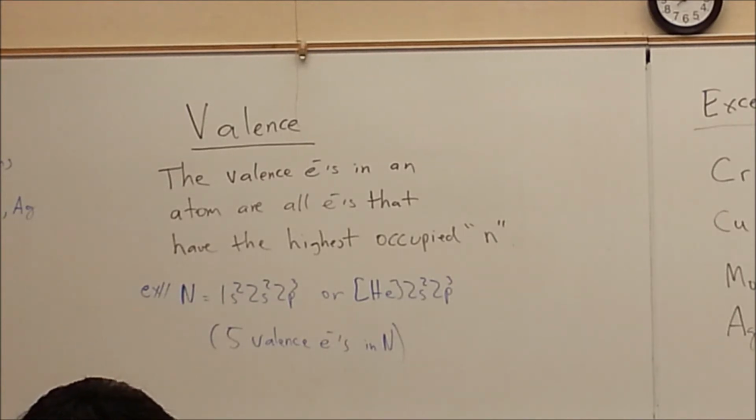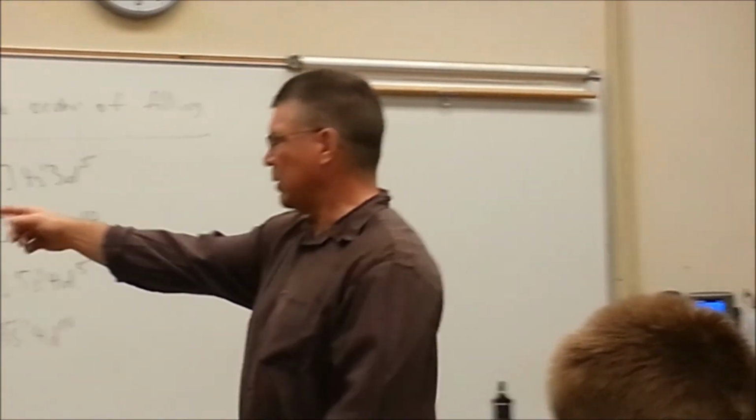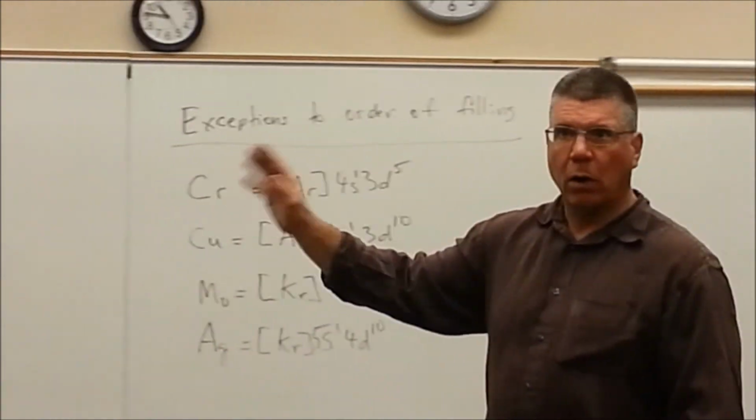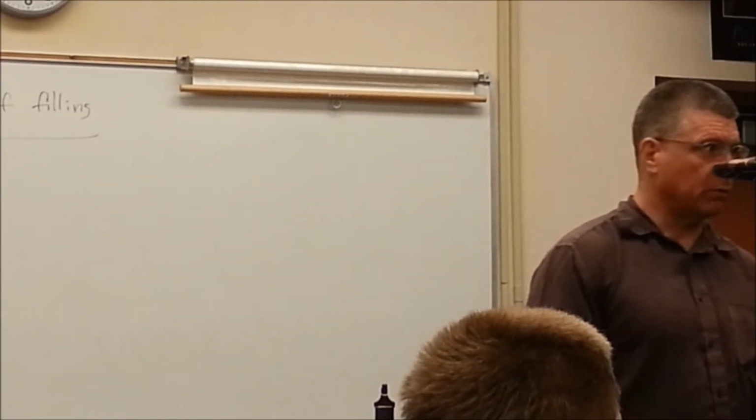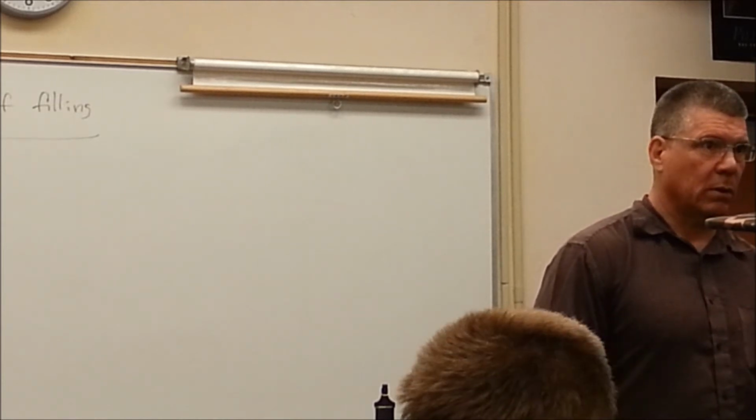You look at the electron configuration for that atom, and you find the highest n that has electrons in it. Whatever that highest number is, in this case it's n equals 2. All the electrons that have that n are valence electrons. That's the definition.